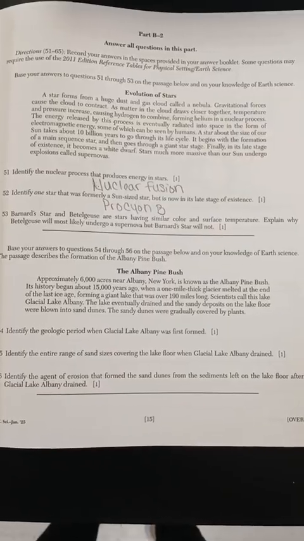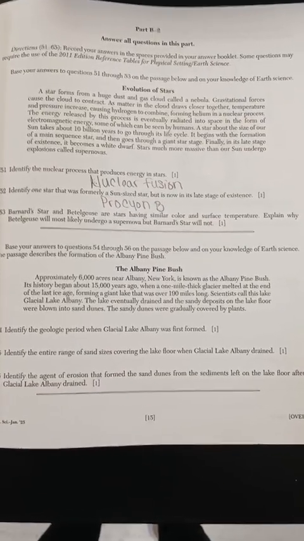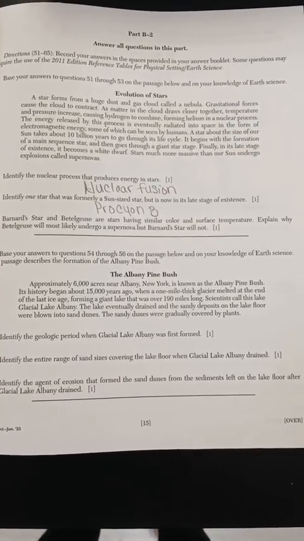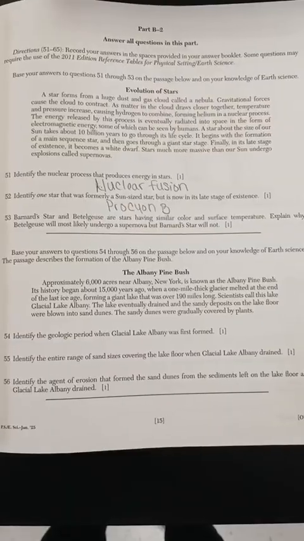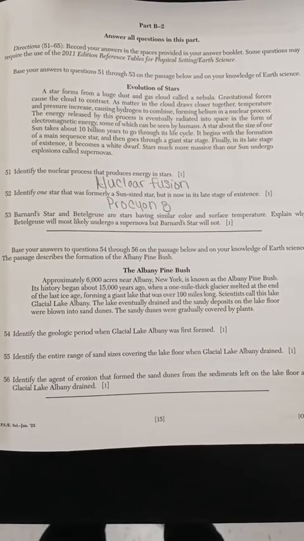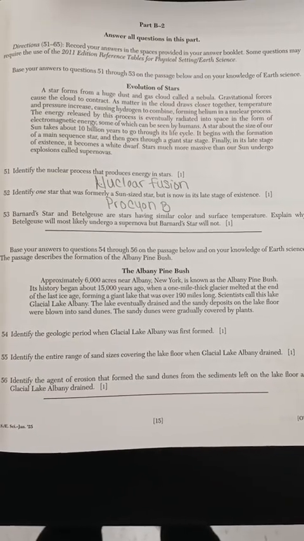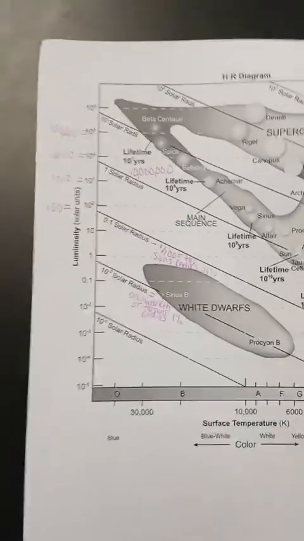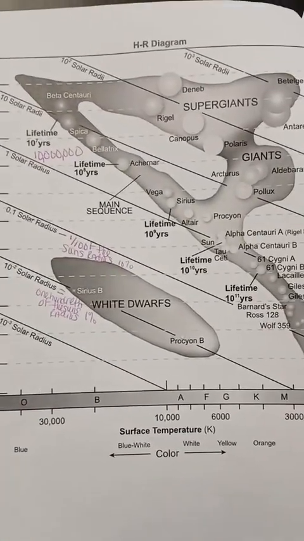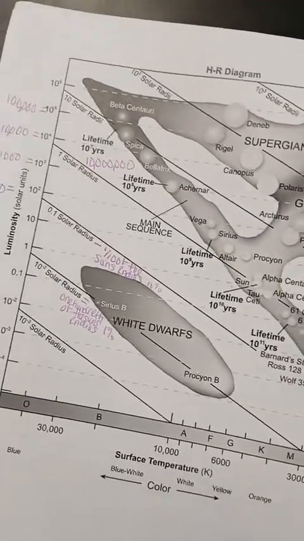Barnard's star and Betelgeuse are stars having similar color and surface temperature. Explain why Betelgeuse will most likely undergo a supernova, but Barnard's star will not. So they have the same temperature and they have the same surface color.